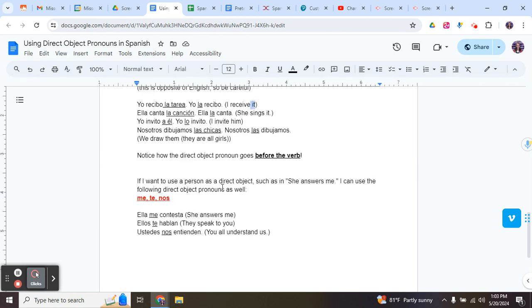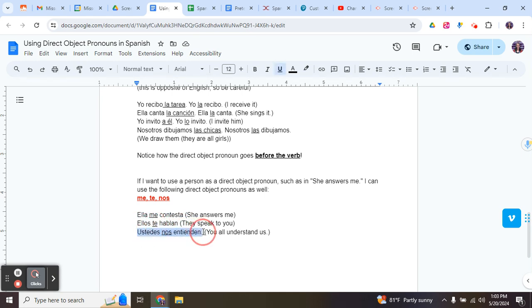Now, if I want to use a person as a direct object or the direct object pronoun, I'll put that there, such as in she answers me. I can use the following direct object pronouns as well. So here's some examples. If I say ella me contesta, so she answers me, I'm receiving the action of the answering. They speak to you. You are directly receiving the action of their speaking.